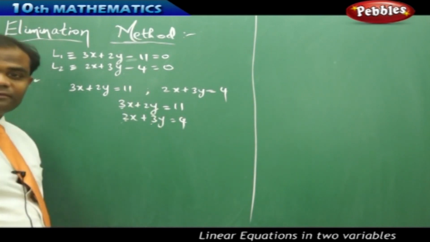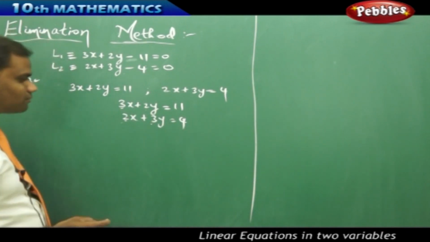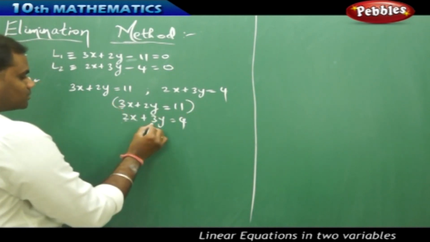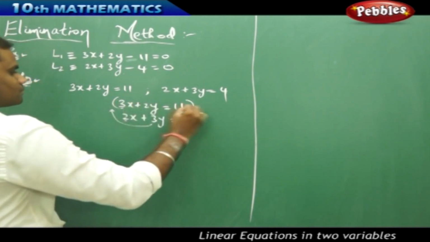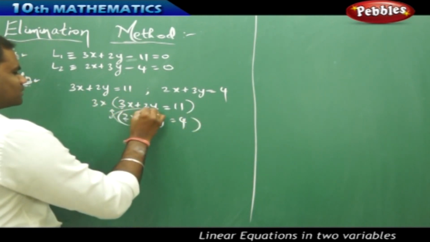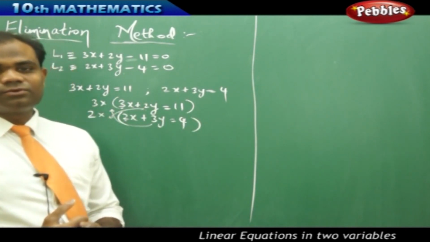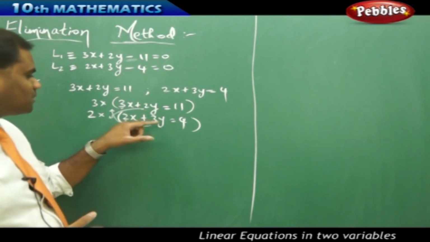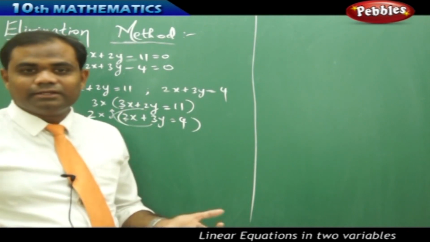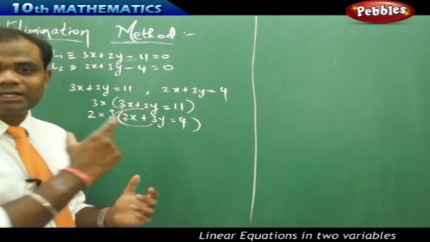So let me try to make the coefficients of y equal, as can be seen here. So to make the coefficients of y equal, what I do is I multiply this equation with this, and here I multiply with this, 2. So the rule is we can make the two coefficients equal either of x or y. If I multiply this to the first equation and this to the second equation, finally we get a common term either for x or y, which we are going to target.